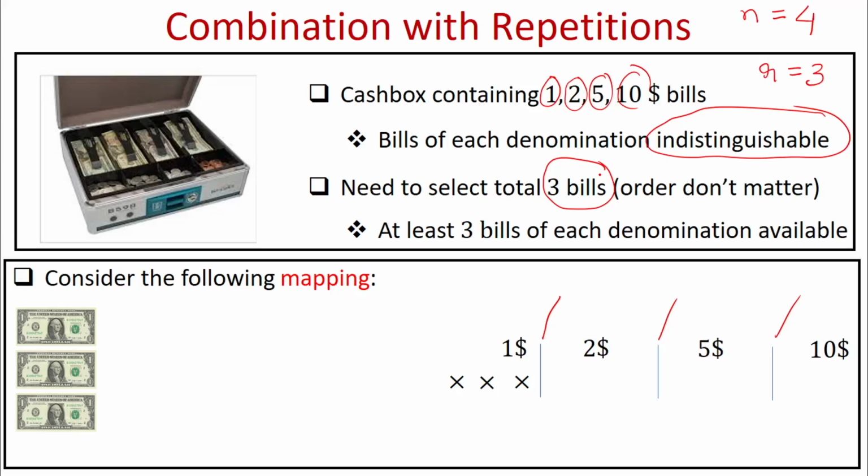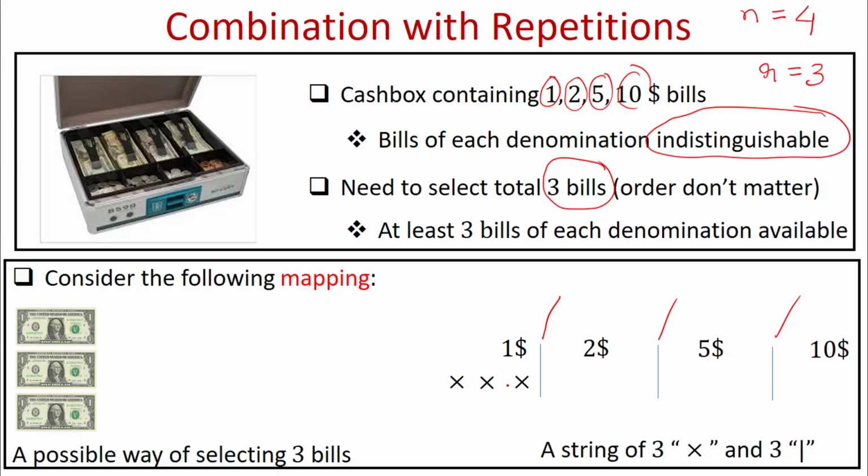I represent this selection by putting three crosses under the heading $1, and I don't put any cross under the $2, $5, and $10 denominations. So I can say that there is a mapping here from a possible way of selecting three bills.